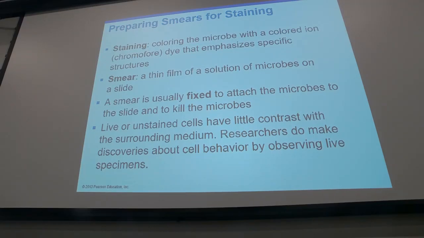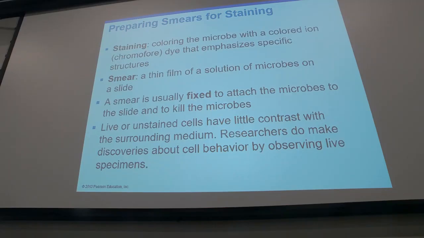Typically this smear is passed through a flame twice or 4 times really quickly to fix the specimen onto the glass slide, and in the case of bacterial samples, to kill the microorganism and adhere it to the slide. Because as you treat this with the different chemicals and dyes, and you rinse it, there is the risk of losing this specimen if you don't fix it.